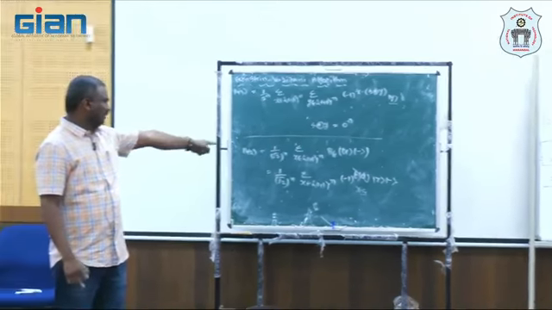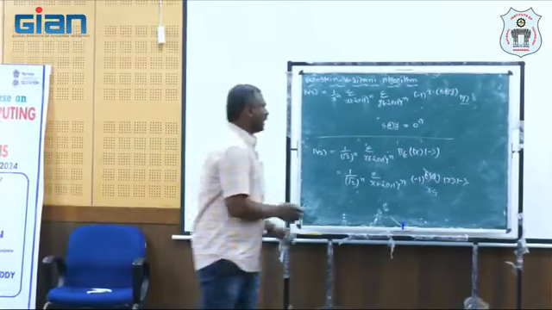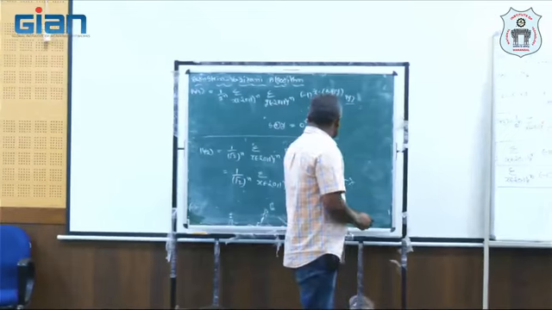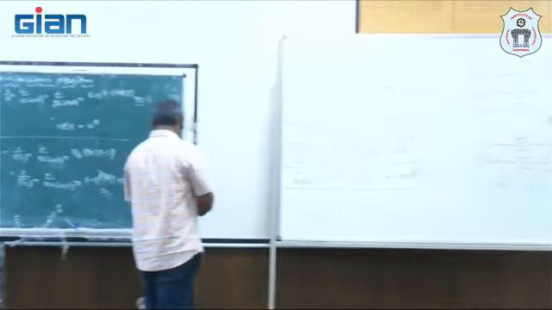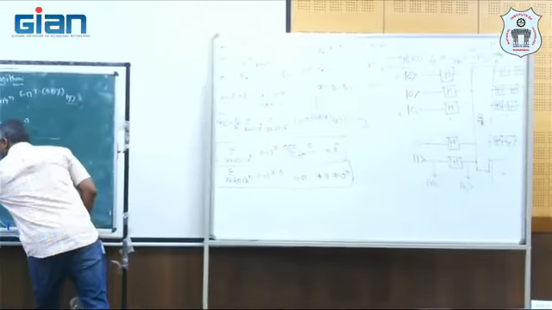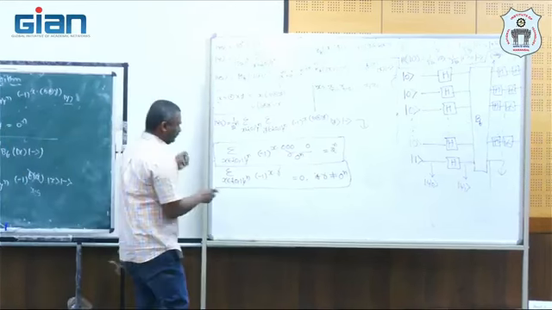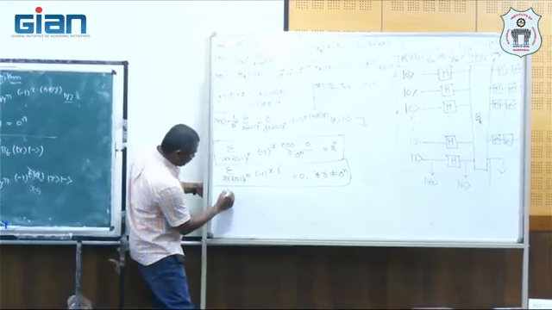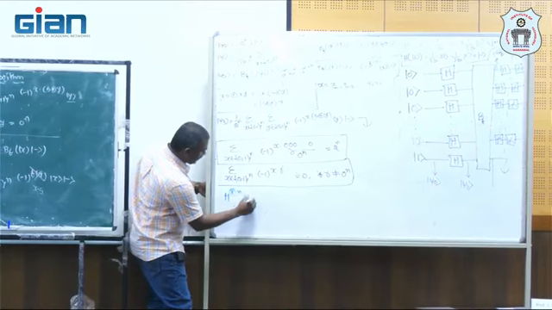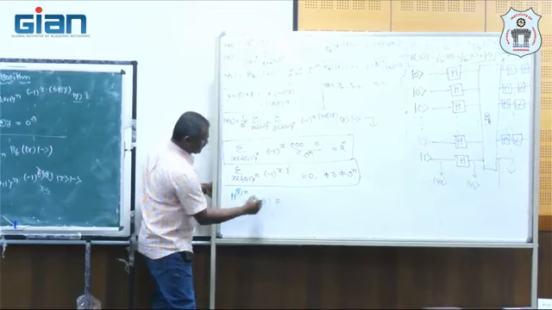For that, we need to apply the Hadamard gate. After applying this Hadamard gate on this, what is the answer we get for arbitrary x, ket x?